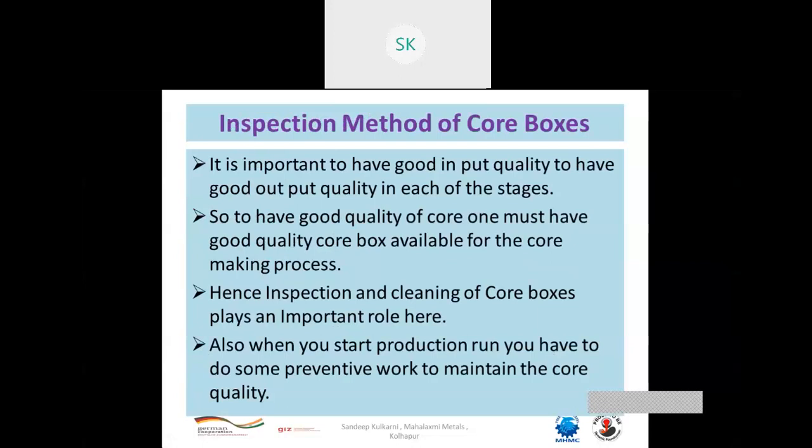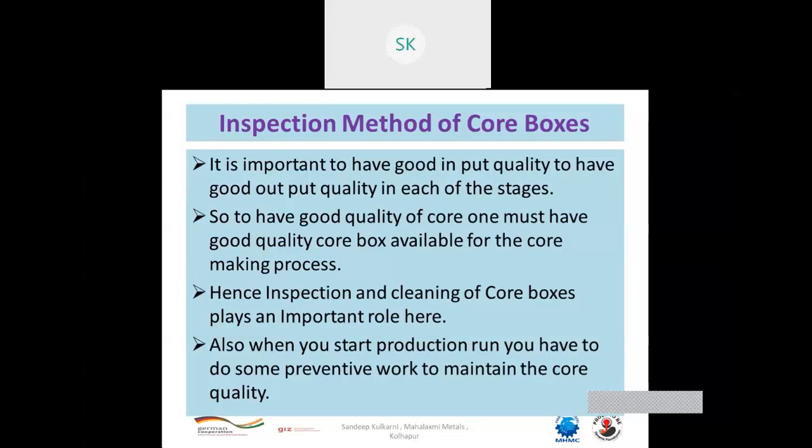It is important to have good input quality to have good output quality at each stage. We already talked about that. So to have a good quality of core, one must have a good quality core box available for the core making process. Hence, the inspection and cleaning of core boxes plays an important role here. And also, when you start a production run, you have to do some preventive work to maintain the core box quality or core quality.